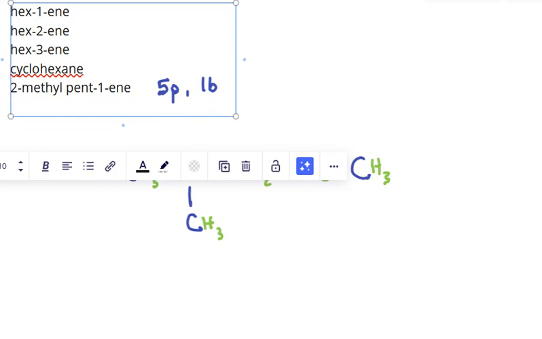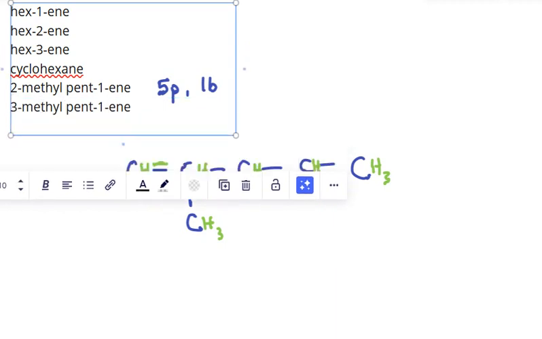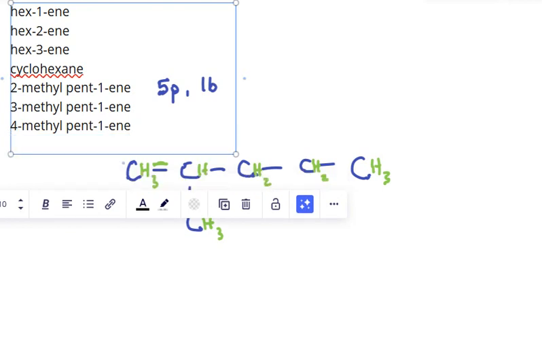What could we change about that? We could move the branch over and get 3-methylpent-1-ene. We could move it over further, 4-methyl. And could it be on the very end? It couldn't be on the very end because then it wouldn't be a pentene, it would be a hexene. But it could be all the way over to carbon number 4, and that would still be all right.